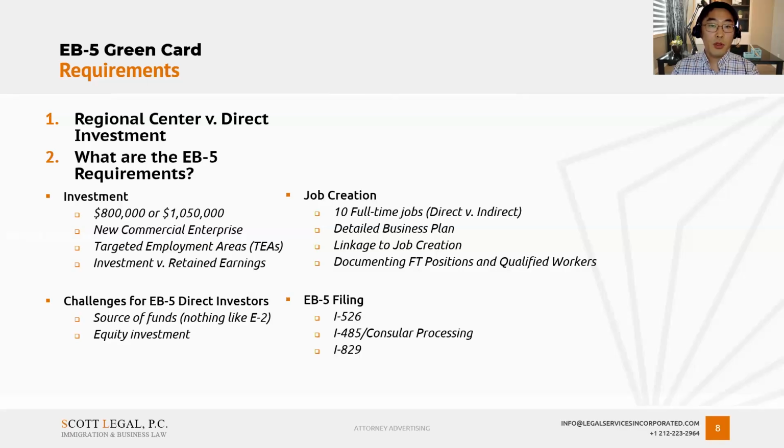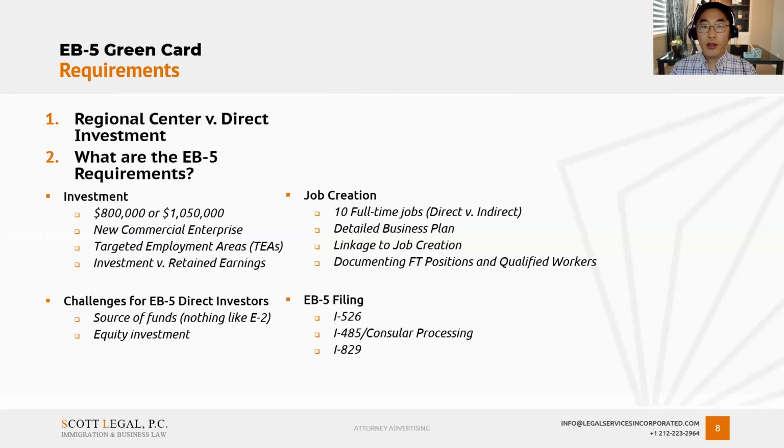Otherwise, the minimum investment amount is generally more than $1 million. So a TEA can be either a rural area or a high unemployment area. For a high unemployment area, the area generally must have an unemployment rate of at least 150% of the national average.